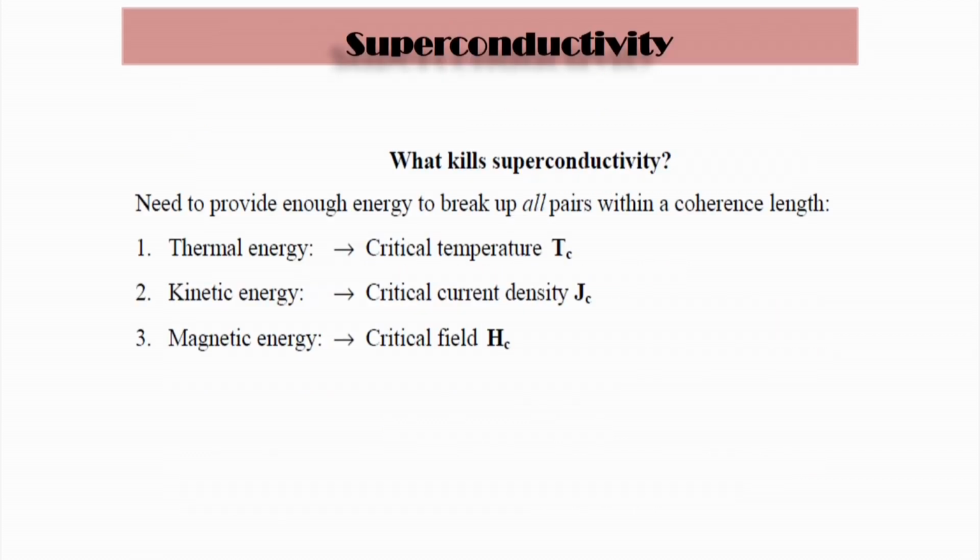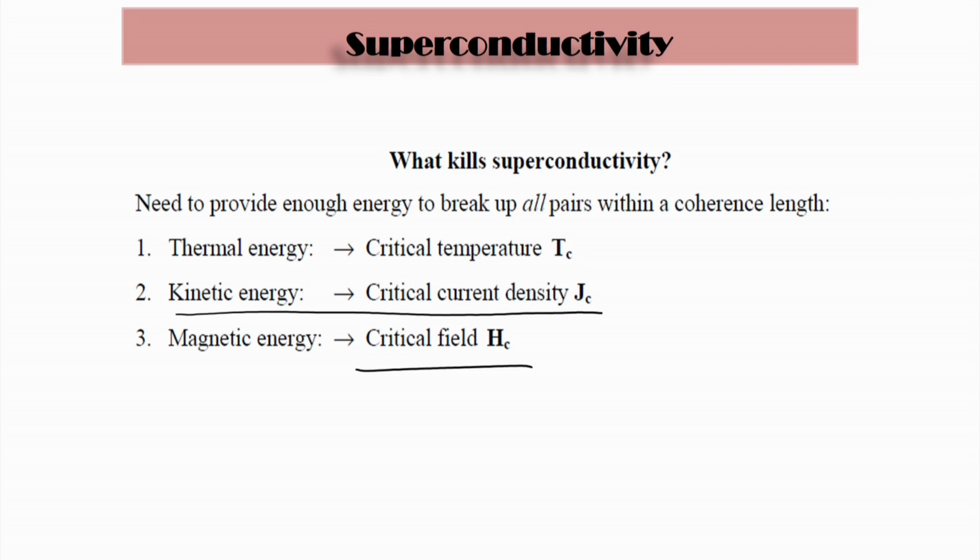So, we have said this, what kills superconductivity? We need to provide enough energy for the pairs to dissociate, and the pairs remain within the coherence length of each other. So, there is a thermal energy that can be given, and there is also a critical current density, which is something that we have not said earlier. There is a critical current density which a superconductor can hold, and there is also a critical magnetic field which is needed to break superconductivity.